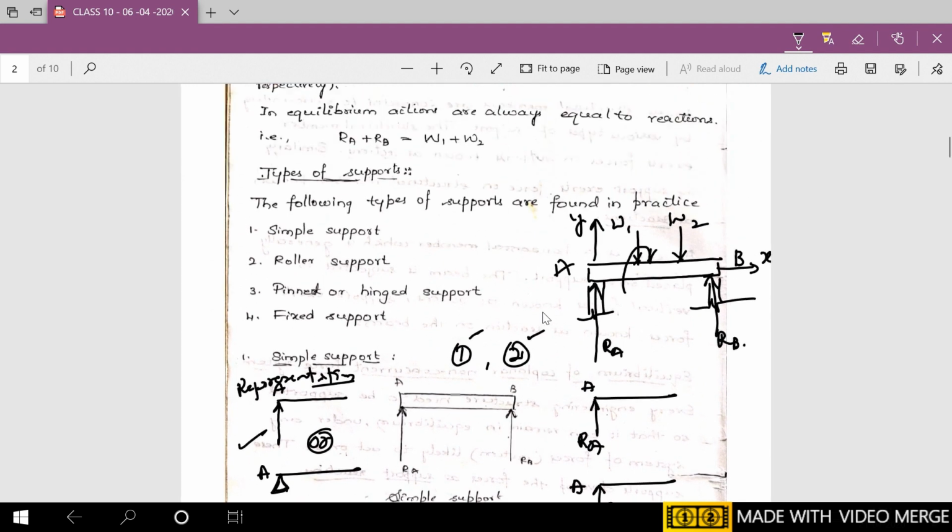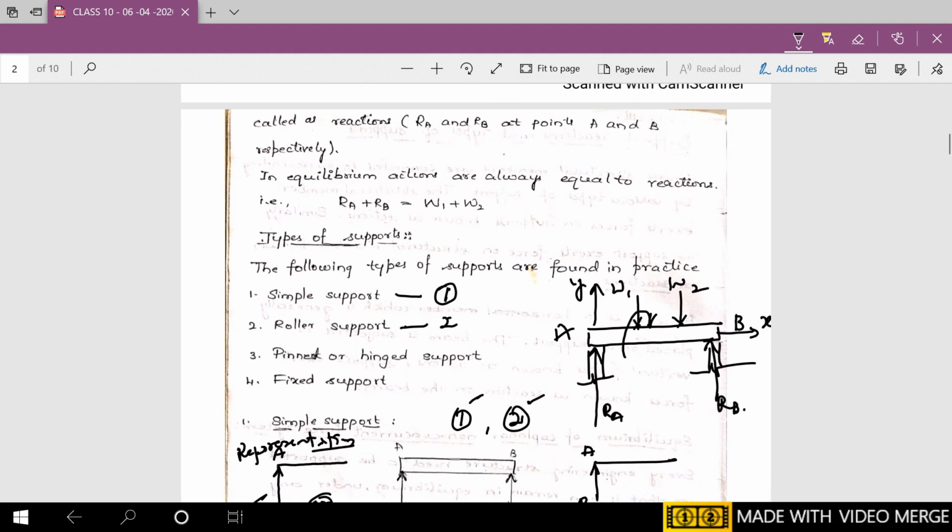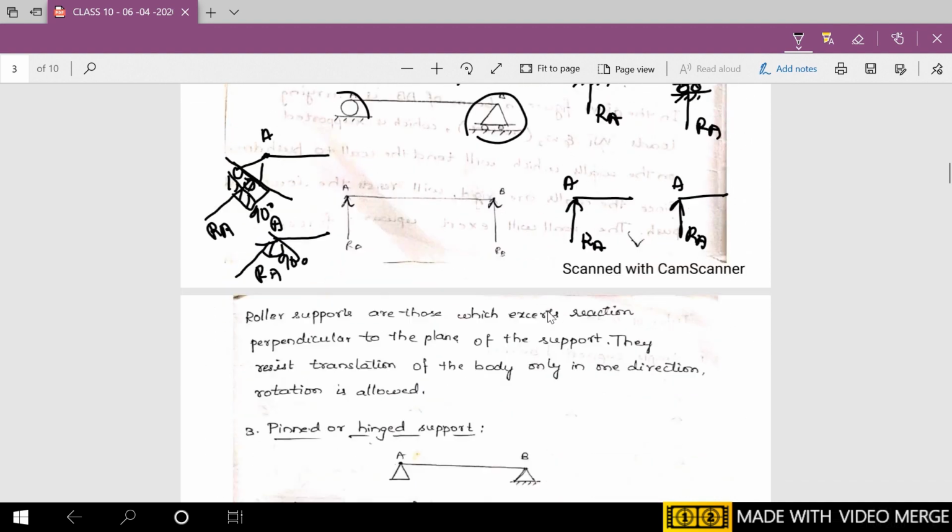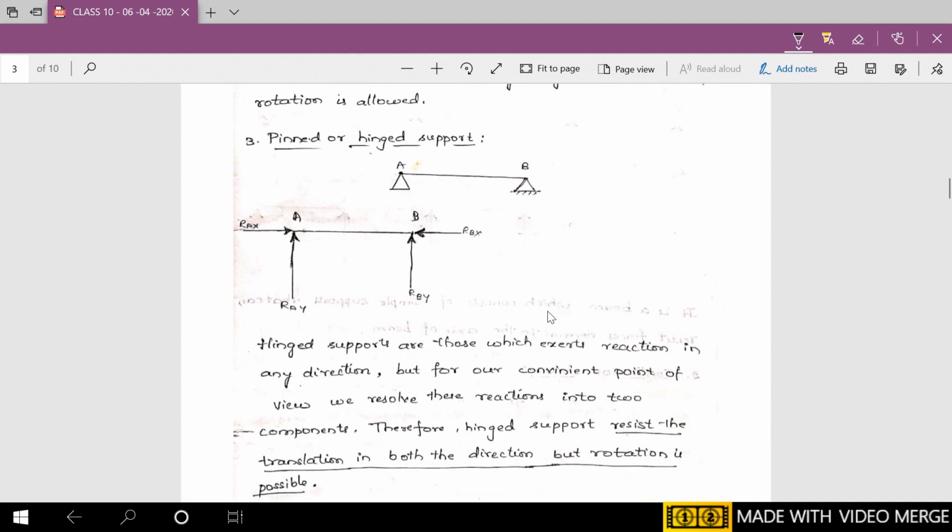So I can say that for a simple support I have to give one reaction, and for a roller I have to give again one reaction. But for the pinned support, I'll tell you the representation. If this is a point, it should be a triangle.